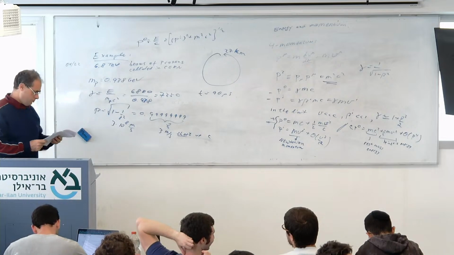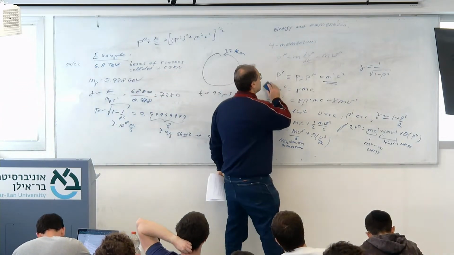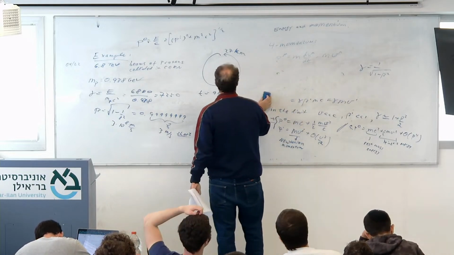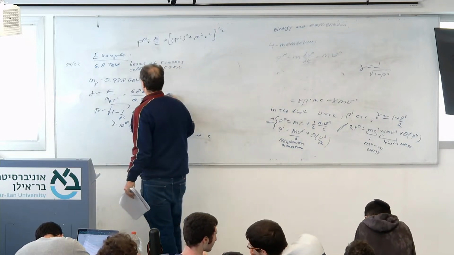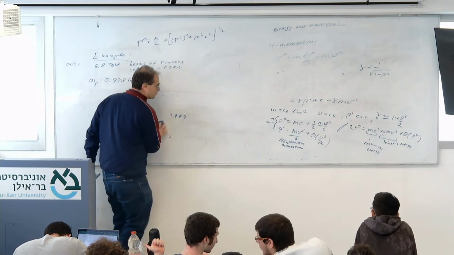But the last thing I want to do, nearly the last thing, two last things I want to do about special relativity. What if we have a composite system of two particles? Let's say we have two particles and we let them collide.